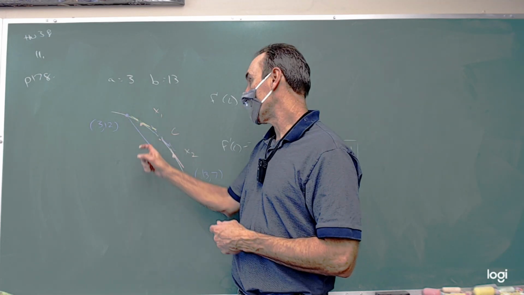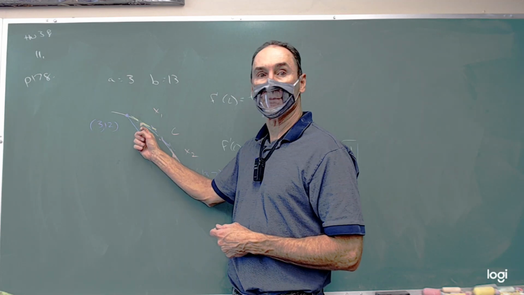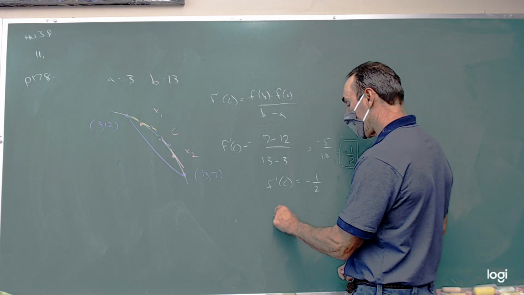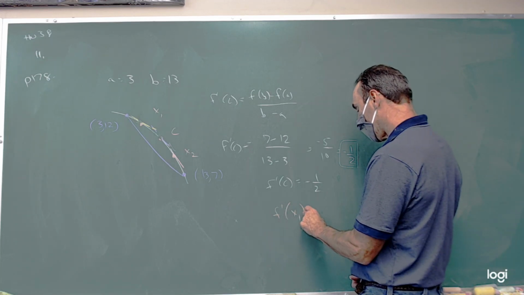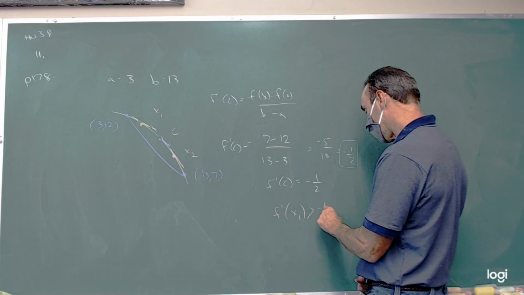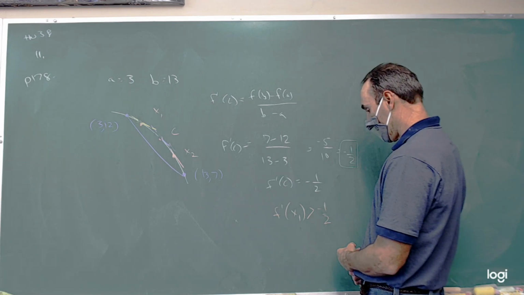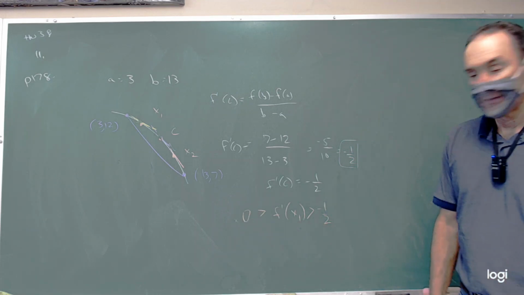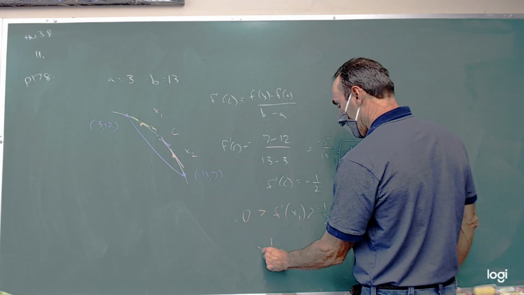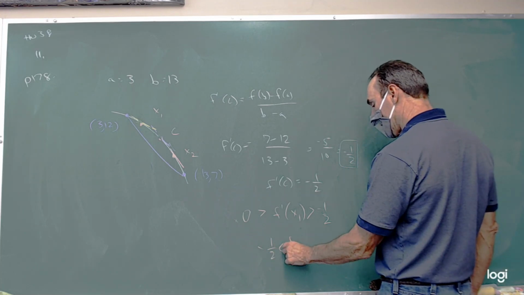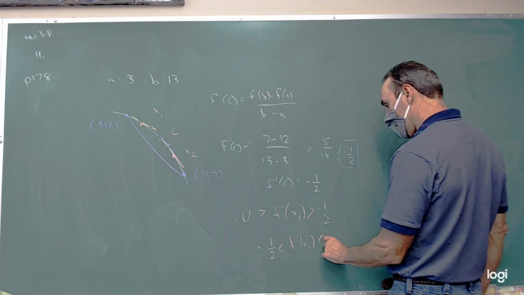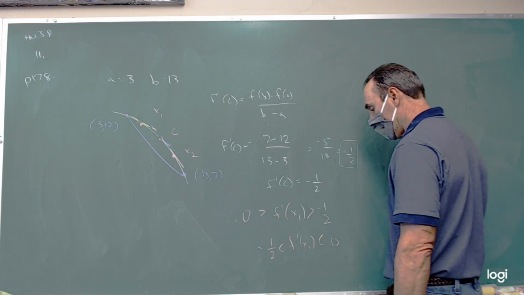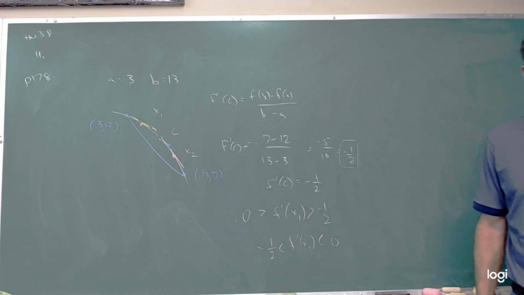So f prime of x of 1 is going to be bigger than negative 1/2, but it's also going to be negative, right? You can see that. So if we write that in a more logical way from small to big, the derivative at x of 1 is going to be in between negative 1/2 and 0.